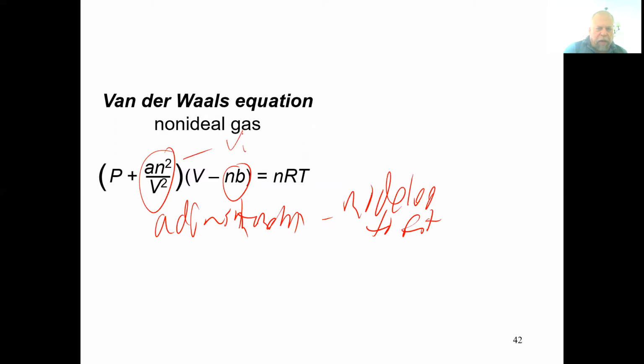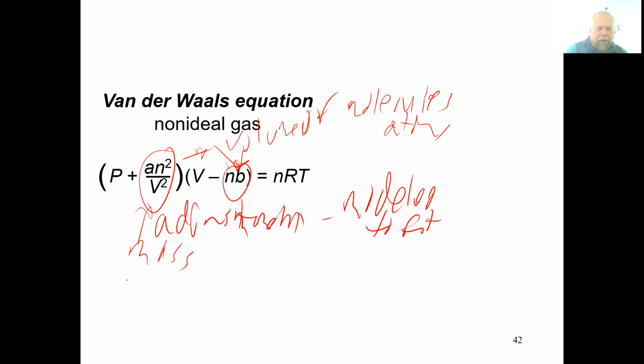This is for the volume of the molecules or atoms, okay? And this would be the adjustment of the volume of the molecules here, and this is the adjustment of the pressure related to the mass of the particles.